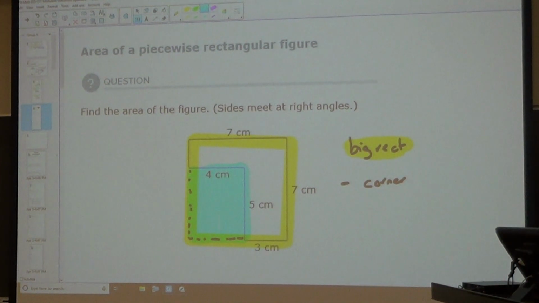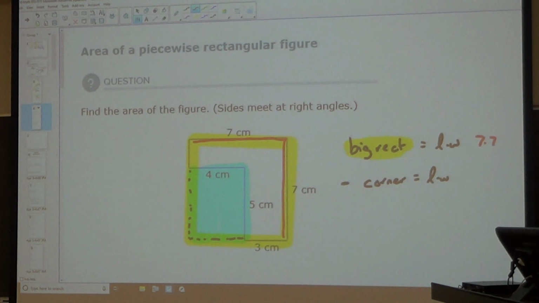So, because I'm dealing with rectangles, we know the formula for a rectangle is length times width. So, for the yellow one, what is the length and what is the width? The length is 7 and the width is 7. We never use the baby pieces. We never use the pieces that have been cut.